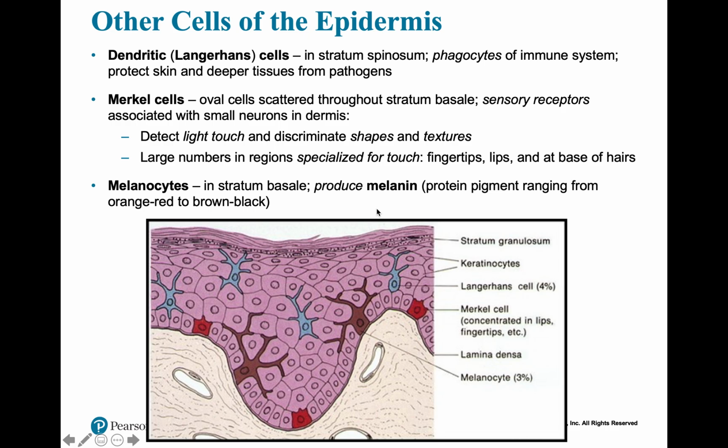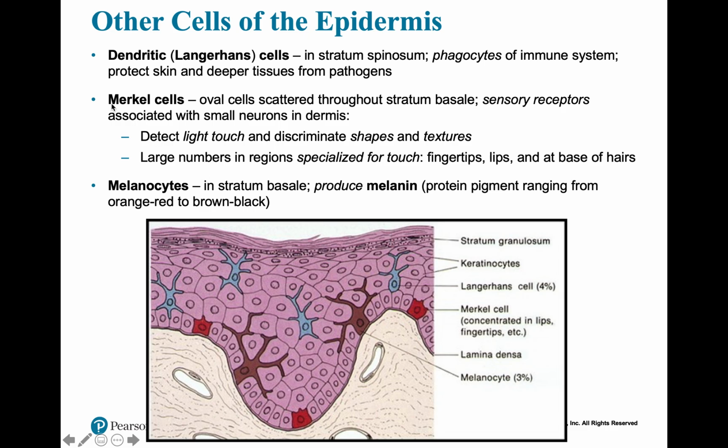If an unwanted pathogen were to get through these first couple of layers, well, then it comes across this dendritic cell and gets phagocytized before it can make its way into the blood supply of the dermis and maybe cause a systemic infection. So that's another line of defense against foreign pathogens that might be able to get through some of the layers of the epidermis.